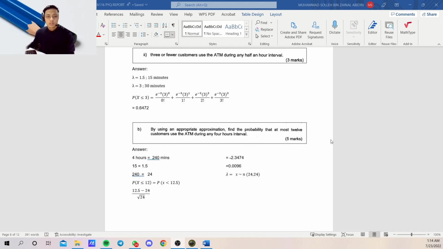So now we have to search for 4 hours. So 4 hours equals 240 minutes. So after we multiply it, we will get 24 customers every 240 minutes.